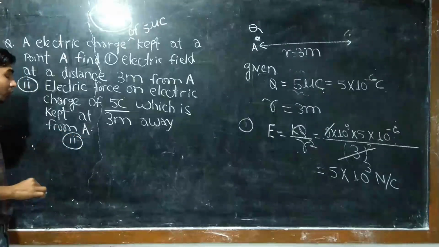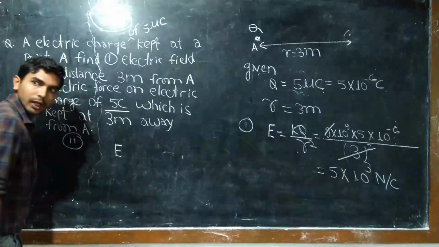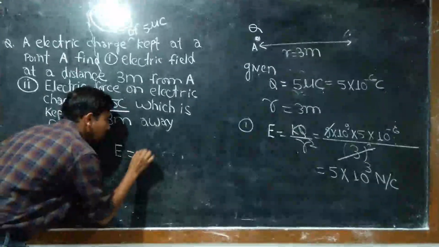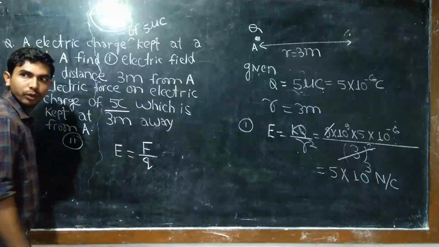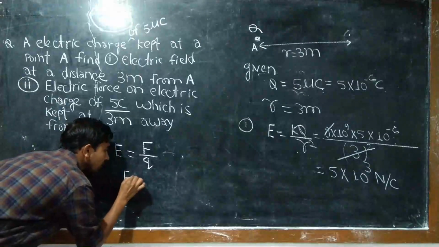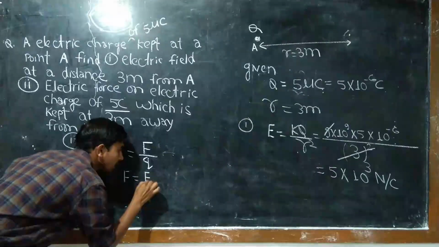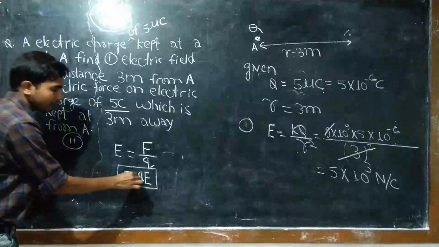Yesterday, electric field was defined as force per unit charge, yes or no? Electric field is defined as force per unit charge. So from here we can write force is equal to Q into E.